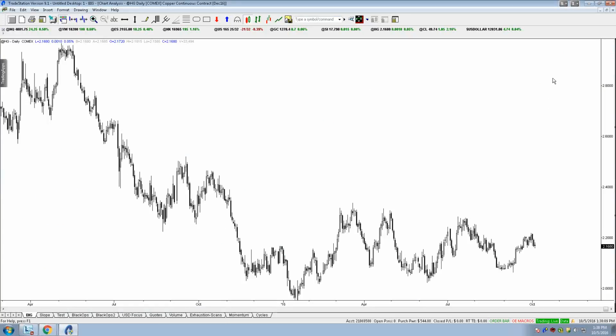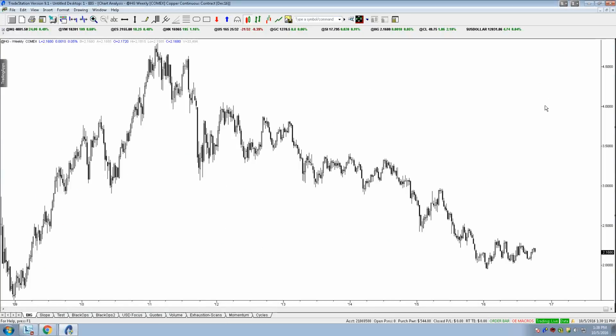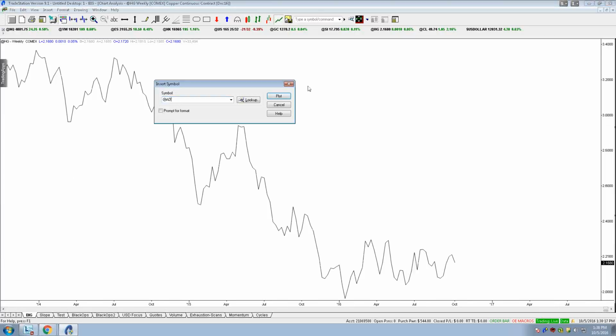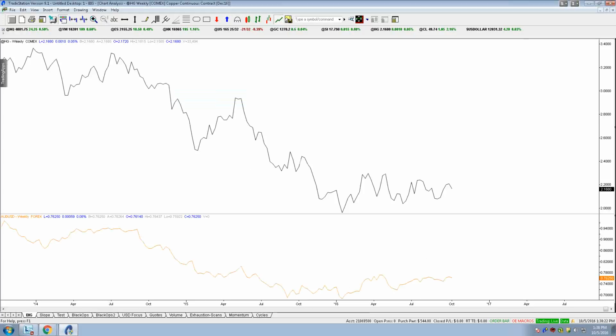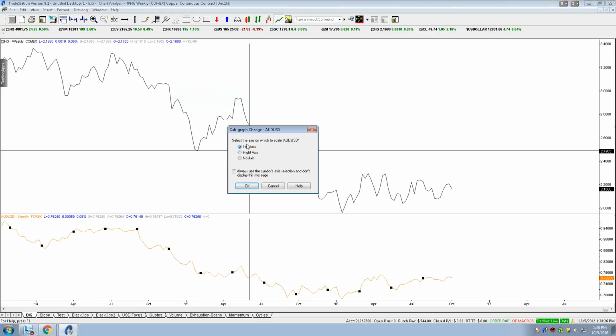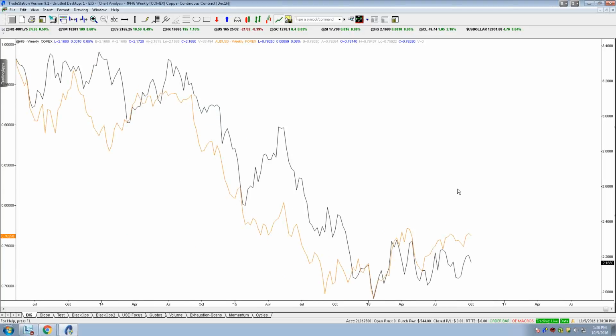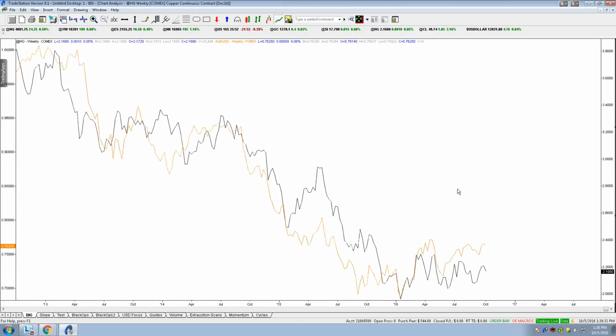So if we were to pull up a chart here of copper, so here's copper. Let's go on a weekly basis. Weekly close basis, if I put in Australian dollar futures, oh, we just go spot. You can see, for the most part, that they do move together. Not all the time.